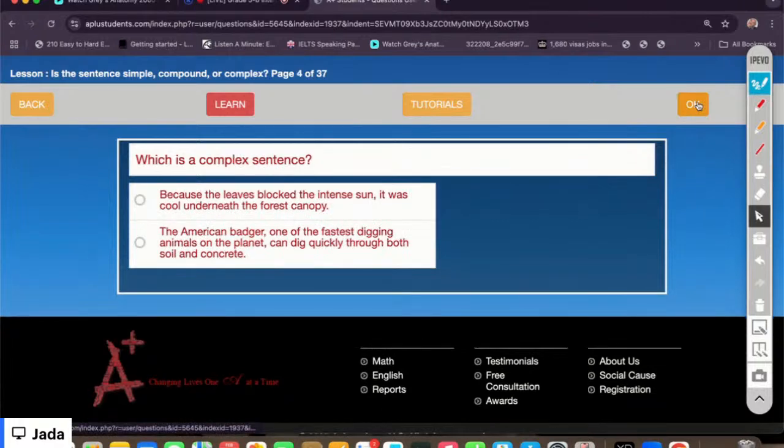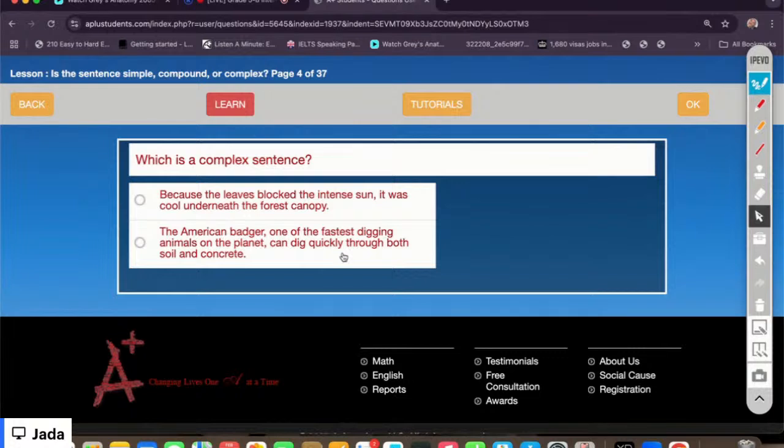So we have, which is a complex sentence. Because the leaves blocked the intense sun, it was cool underneath the forest canopy. The American badger, one of the fastest digging animals on the planet, can dig quickly through both soil and concrete.